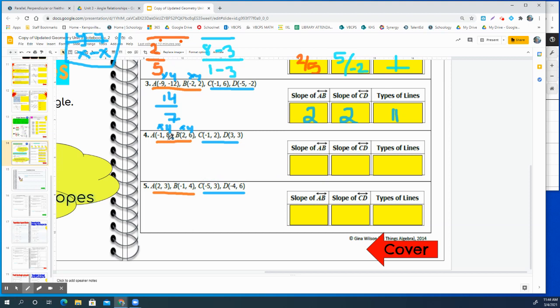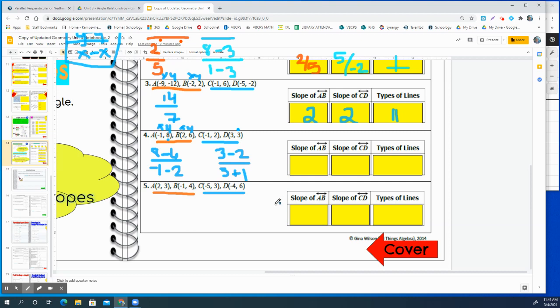So in this one, I would start with the 8. I would do 8 minus 6. And because the 8 and the negative 1 are together, they have to be vertical from each other. So then I would do that one. But over here, I would start with the 3 because it's bigger. So 3 minus 2 divided by 3 minus negative 1.